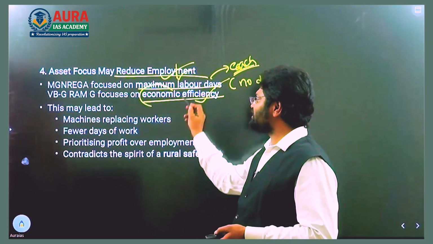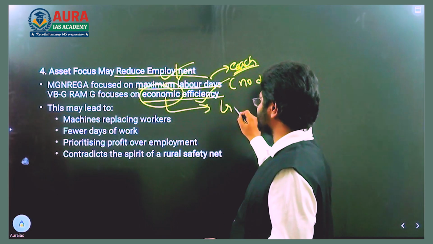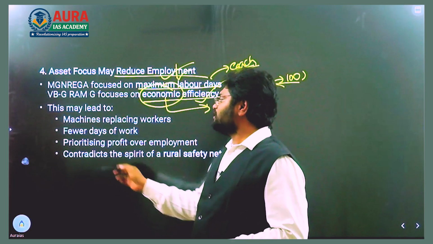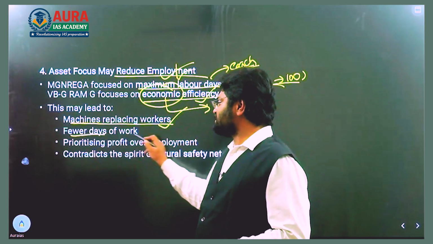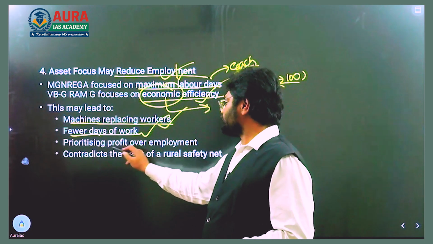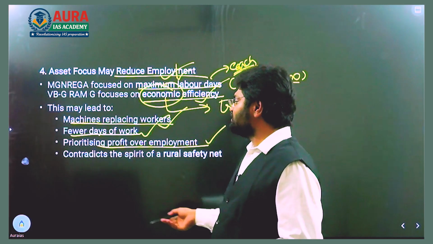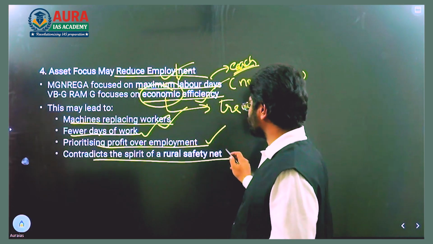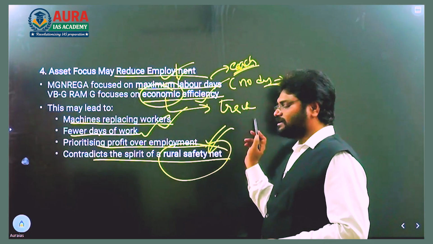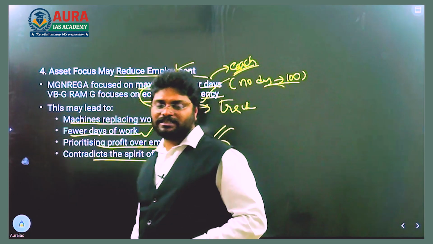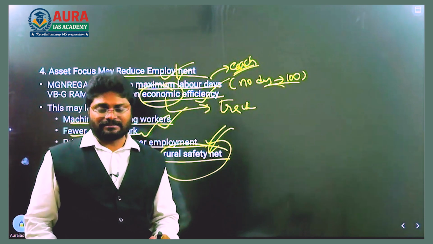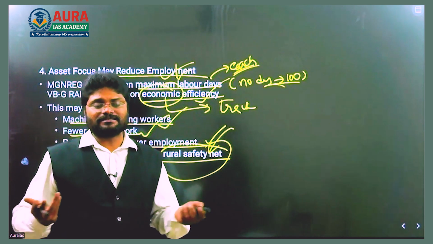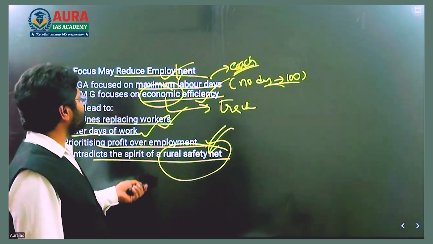Every rupee they spend is tracked very closely. That led to machines replacing workers, fewer days of work, and prioritizing profits over employment. So it contradicts the spirit of a rural safety net. This is how machines come into being to generate profits. People are generally sidelined, so the employment goal is not fulfilled. This is another criticism.